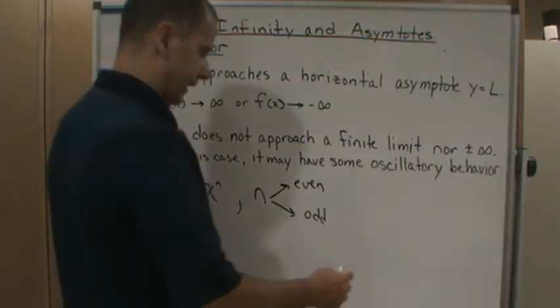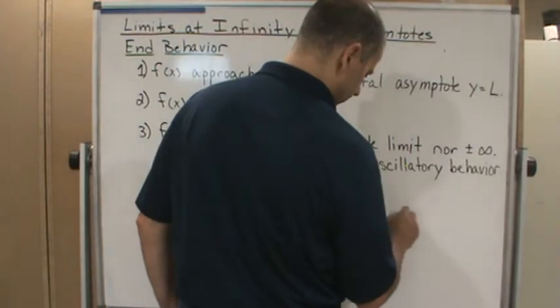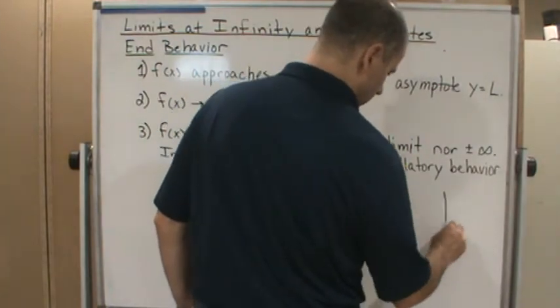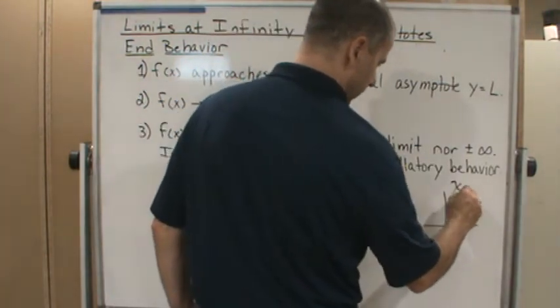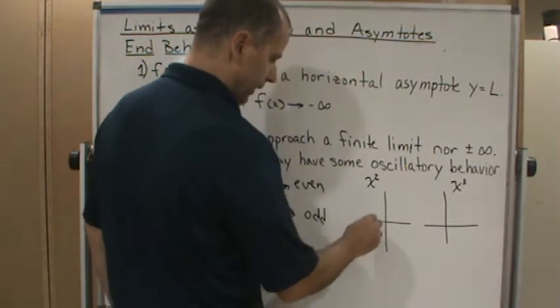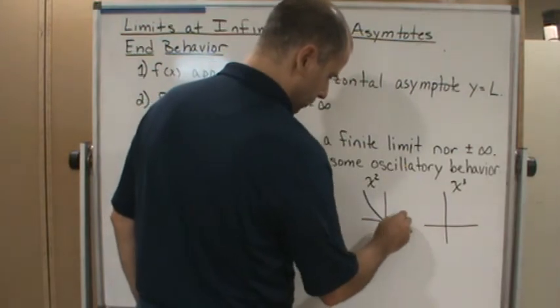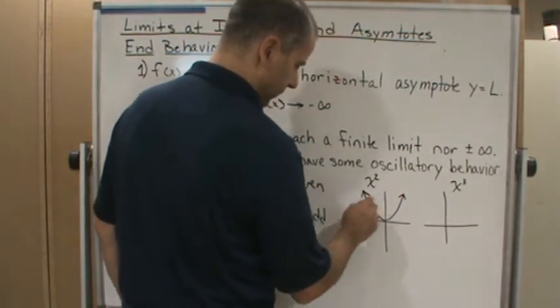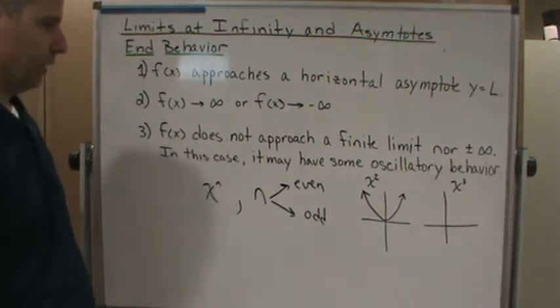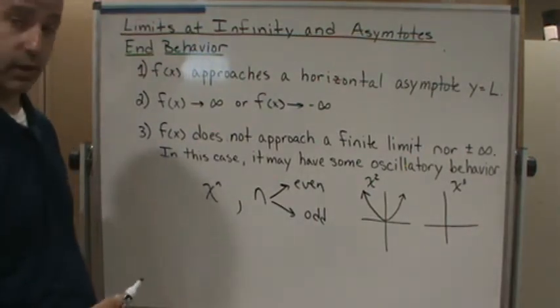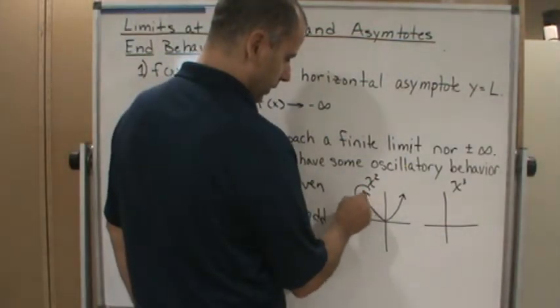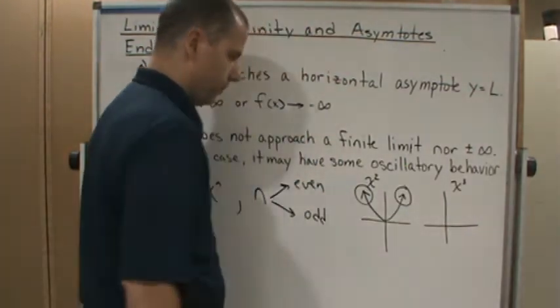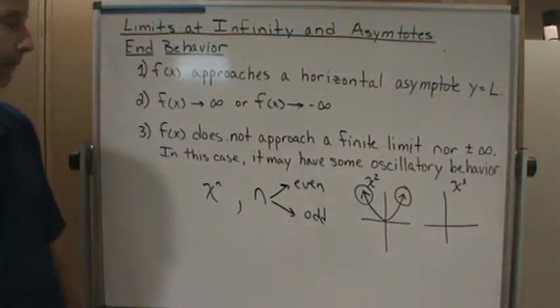So as we can see from just looking at x squared and x cubed, right? X squared, which is a parabola, looks like that, right? And then all even values of the leading term will have end behavior act the same way.